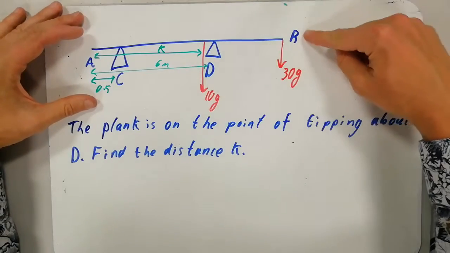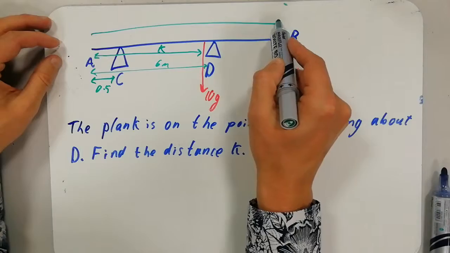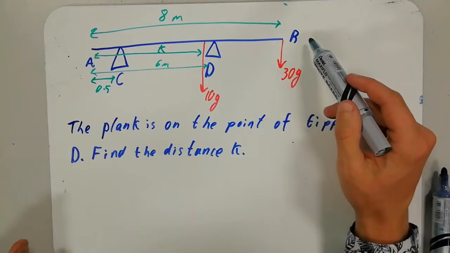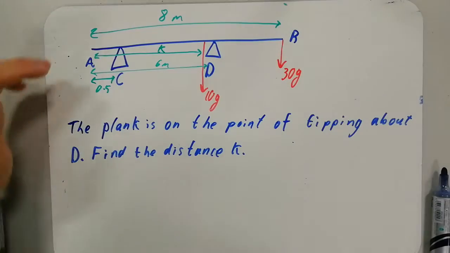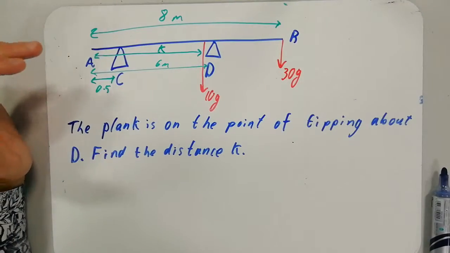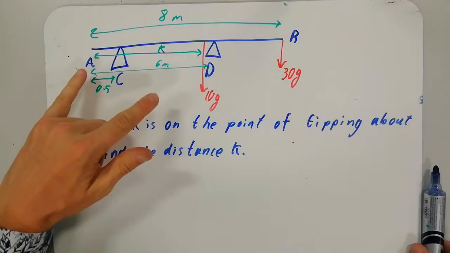The child has now moved to point B, still an 8 metre long plank. So everything's the same except for where the child is standing. The child is now standing at B. And we're now modelling it as a non-uniform plank. So we've refined our model. Okay, we want to find the distance K.